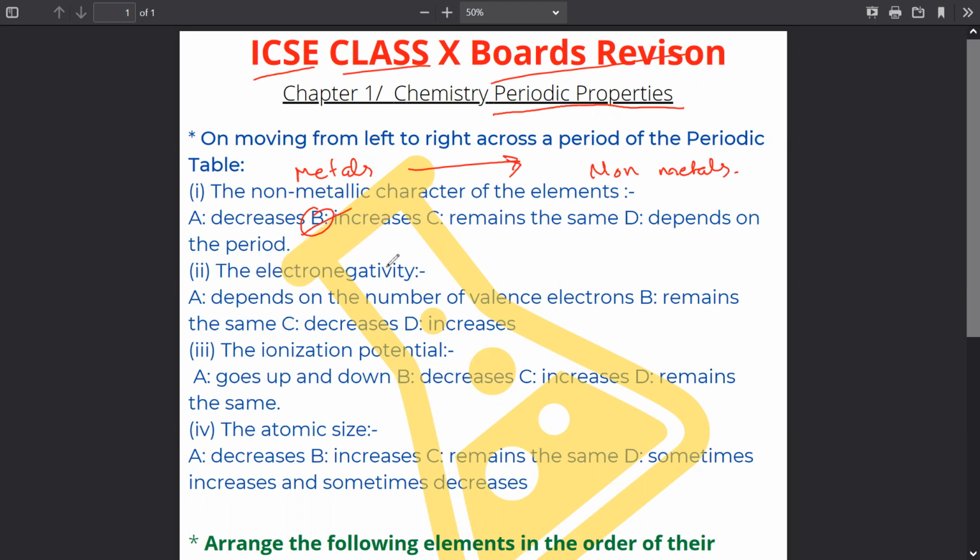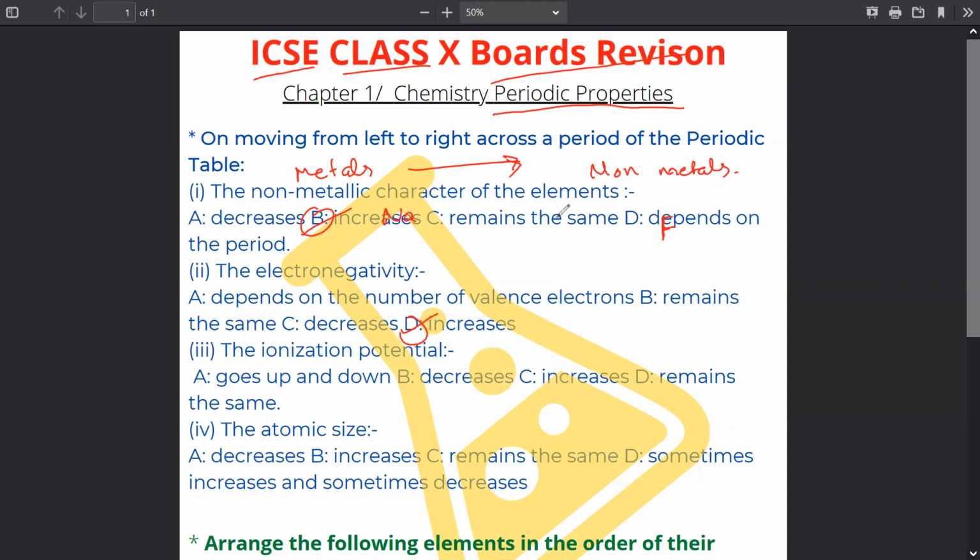Then the electronegativity. When we go from the left-hand side of the periodic table to the right-hand side, electronegativity will increase. So the correct answer is D. Because on the extreme left-hand side, we have, for example, Na, and on the extreme right-hand side, excluding the noble elements, we have F. F is the most electronegative element in the periodic table, and Na is one of the least electronegative elements.